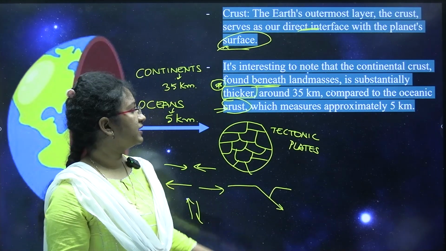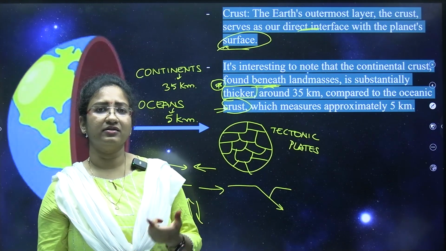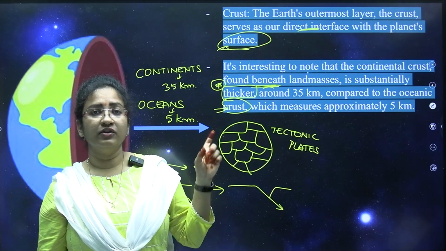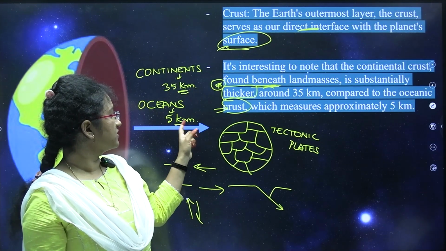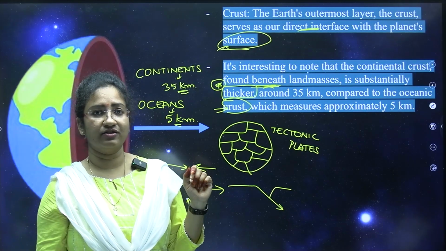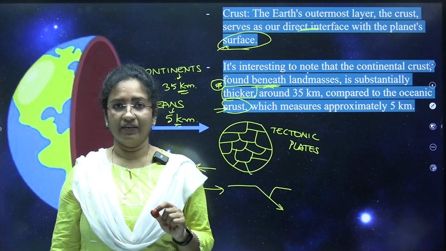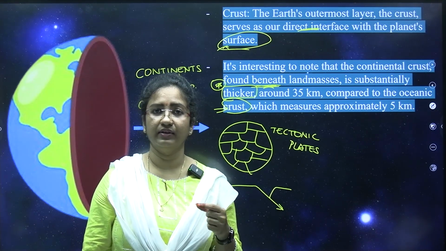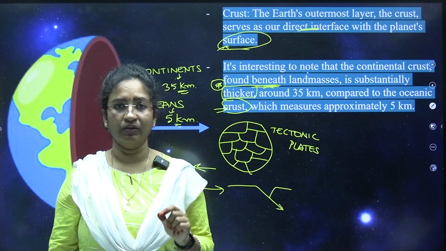Here, if you see, the crust has different thickness under the continents and under the oceans. In case of the continents, the thickness is 35 kilometers, and in case of the oceans, it is just 5 kilometers. So when you're writing something about the crust, remember the crust is not the same.